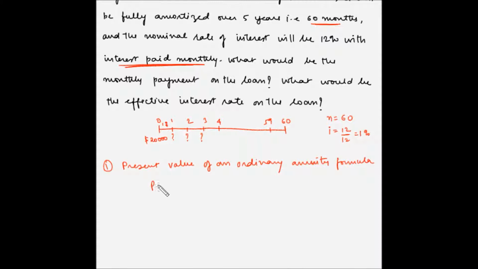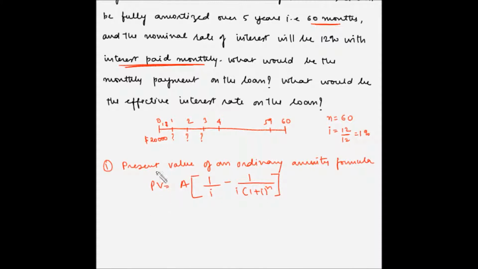So we know the formula is PV is equal to A into 1 divided by I minus 1 divided by I into 1 plus I to the power n.